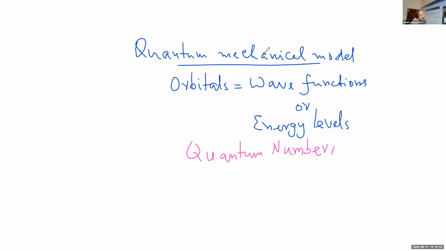What are the quantum numbers? The quantum numbers are the principal quantum number, denoted by small n. Then we have the azimuthal quantum number, or secondary quantum number, or subsidiary quantum number, denoted by the letter small l.